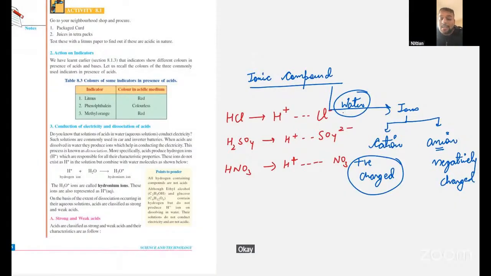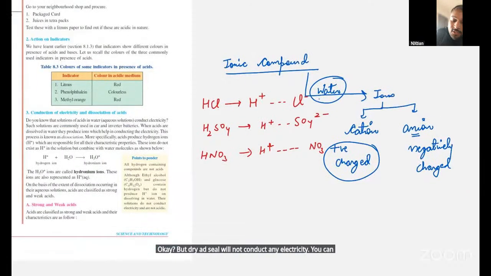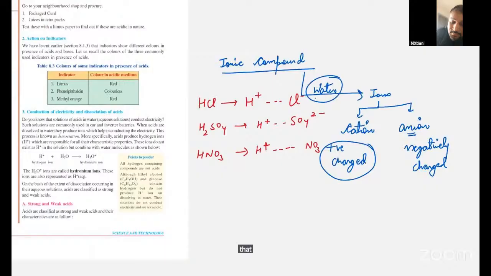But dry HCl will not conduct any electricity. You can write it as a hashtag: dry HCl will not conduct electricity.